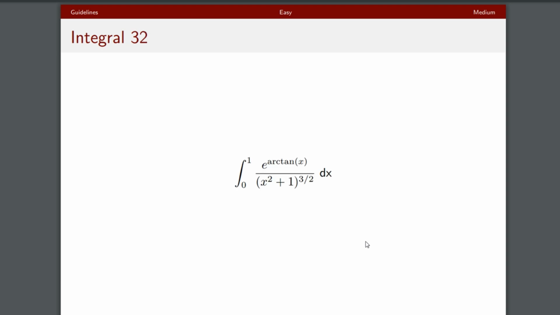Oh, why would you give this integral? I'm sorry, I'm gagging a little bit, because why would they throw this? It's not even just hard, it's just tedious.